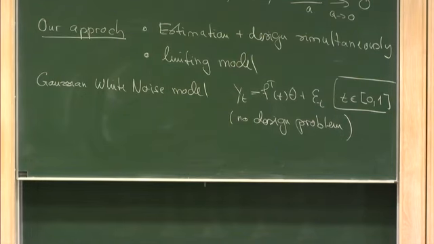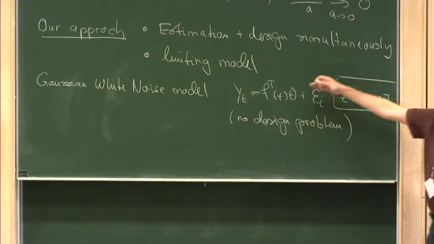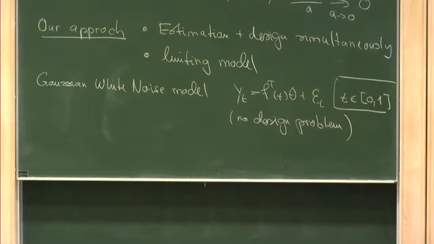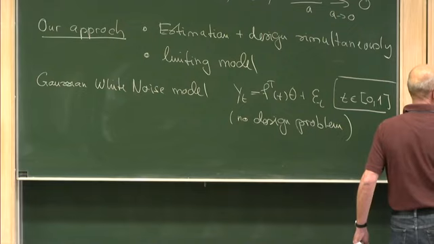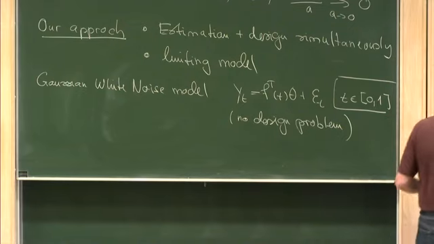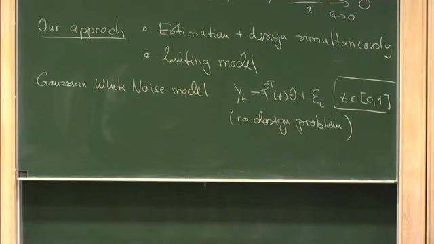The theorem gives the BLUE in this model, or the maximum likelihood estimator. The BLUE, which is equal to the MLE in model 2, is given by, because it's so simple, theta hat.